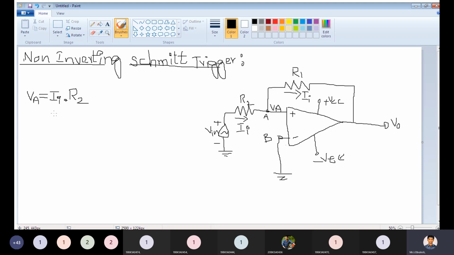VA is equal to Ii into R2, that equals the upper threshold voltage VUT. Let us assume that this is the upper threshold voltage.